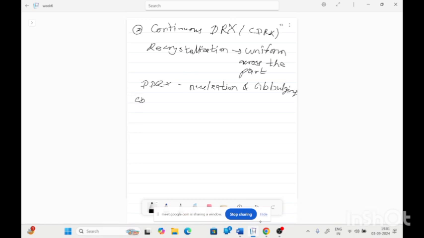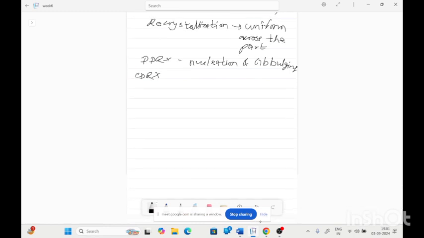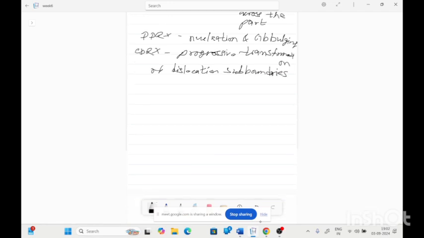While in CDRX, which is continuous dynamic recrystallization, involves a progressive transformation of dislocation subboundaries, that leading to formation of strain free grains.